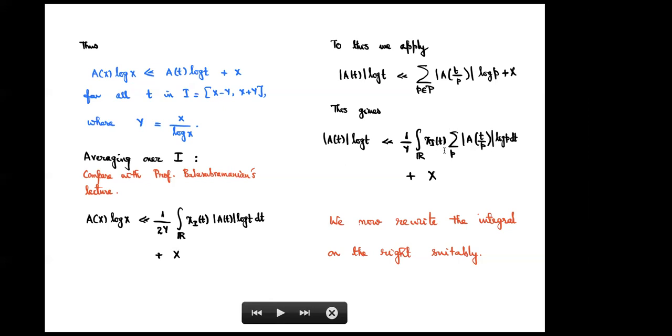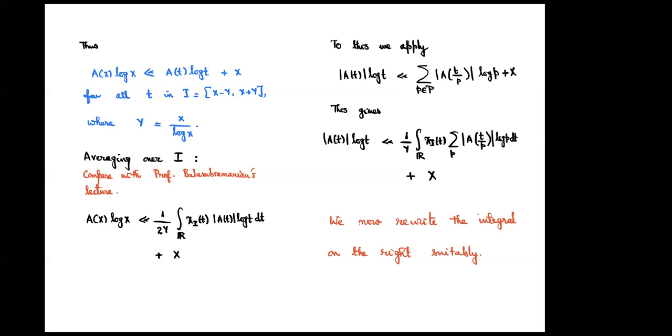So the characteristic function of the interval, summation over p at by p log p, 1 by y plus x, and so on. So this just comes plainly out of substituting for at log t the right hand side of this inequality, which we proved yesterday. So you don't estimate ax log x directly.